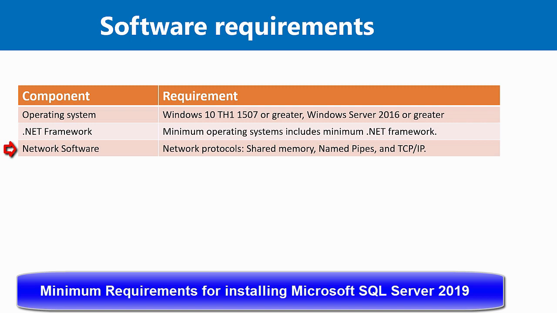Also, relating to the network software component, if you've got Windows 10 or Windows Server 2016 or greater, you should have the network protocols: shared memory, named pipes, and TCP/IP. You should have these pre-installed and available once you have the operating system installed.